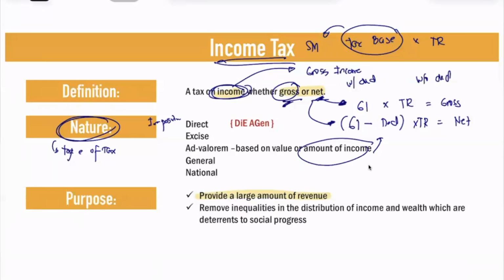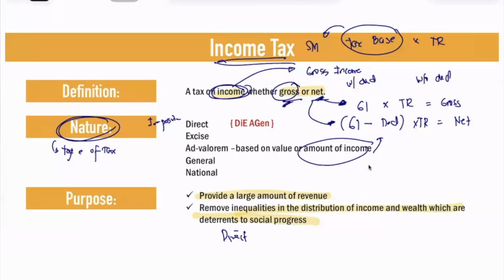Next, for the secondary purpose, it removes inequalities in the distribution of income and wealth, which are deterrents to social progress. Why? Because it is direct. So when we say it is direct, it means that it involves a progressive system of taxation. The impact and incidence fall on the same person, so the higher your income is, the higher the tax.